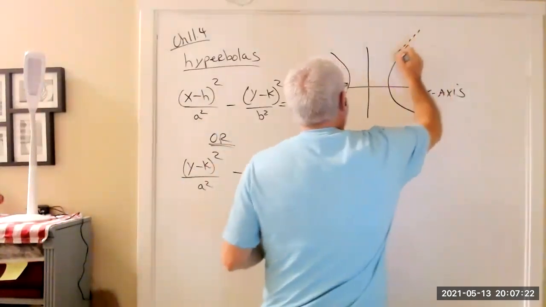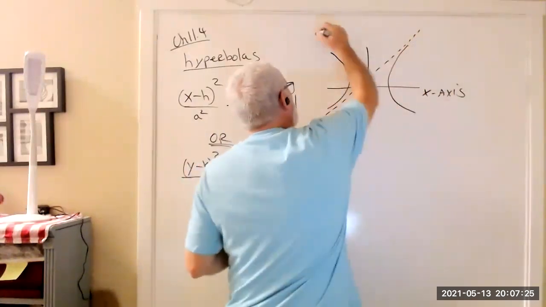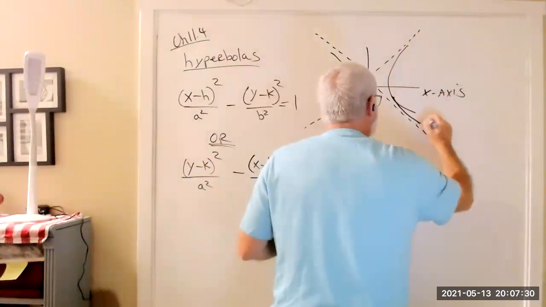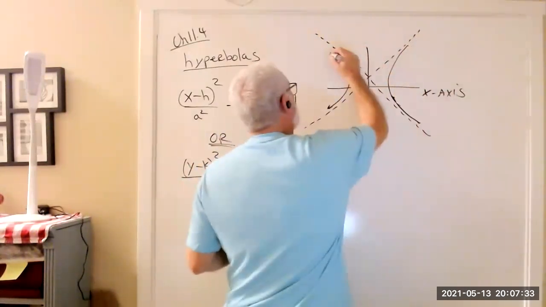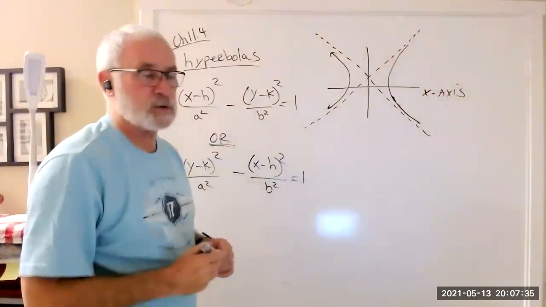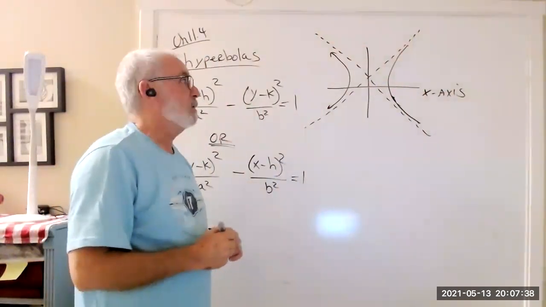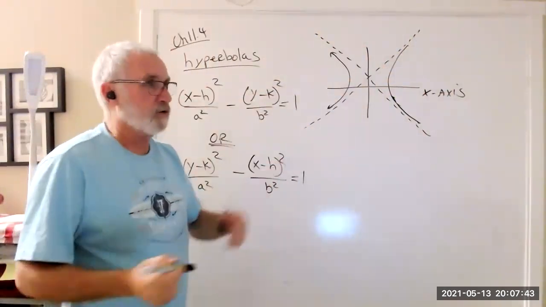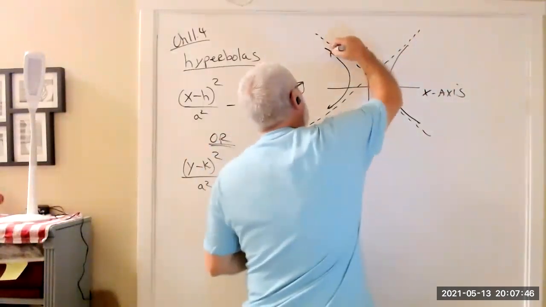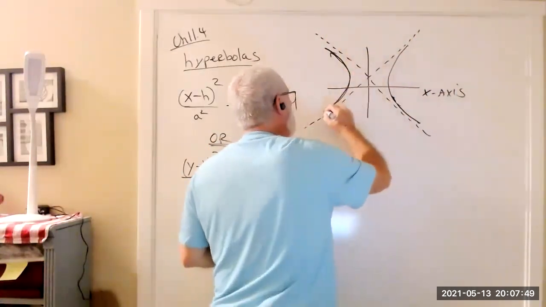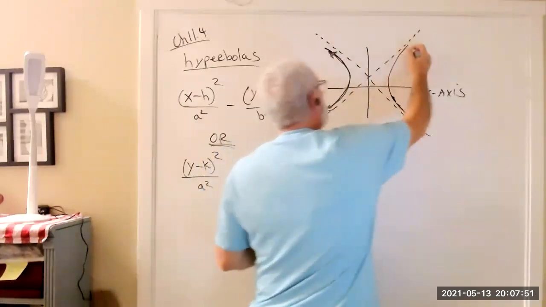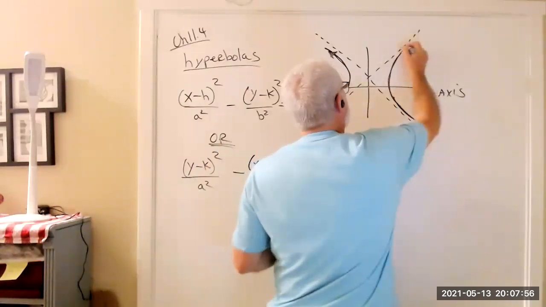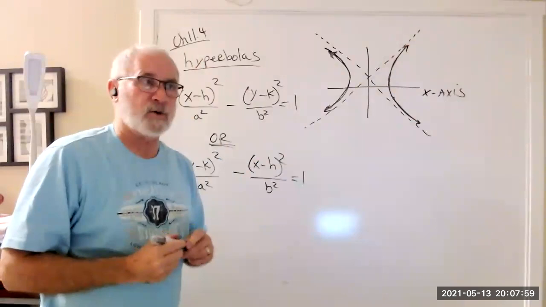And there are asymptotes like that that act as boundary lines. So the hyperbola will come really close to those asymptotes, but never touch them. It won't go inside. It'll be a nice smooth curve. So the basic shape of a hyperbola has what we call two branches, and they're defined by the asymptotes.